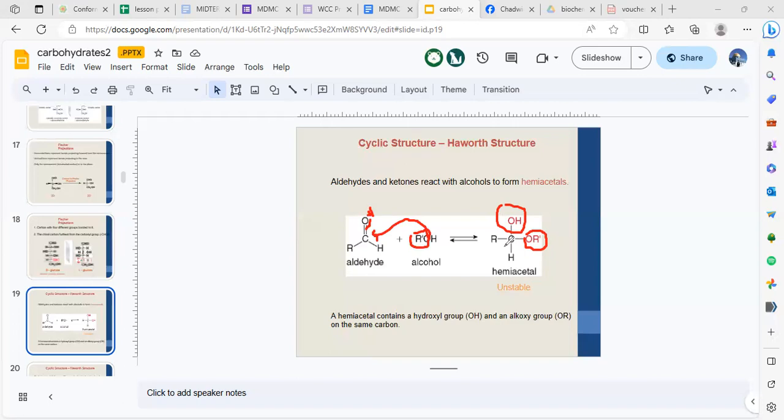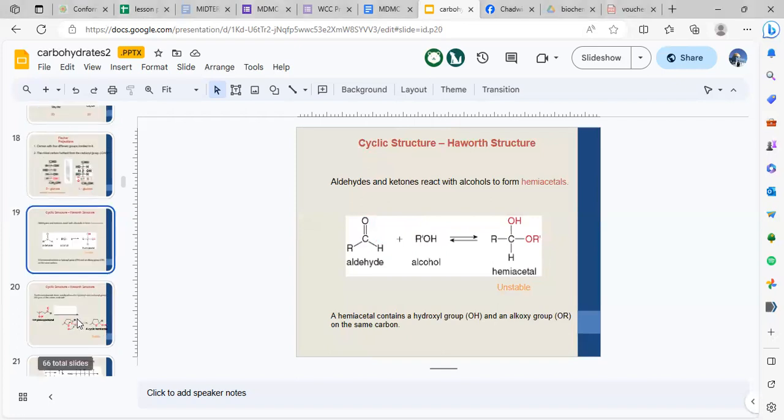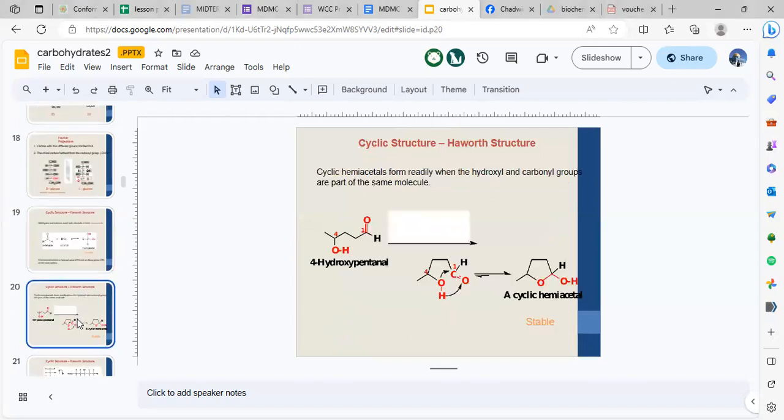This structure is unstable, but it will be more stable if both groups are part of the same structure.